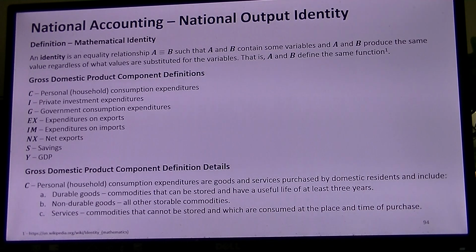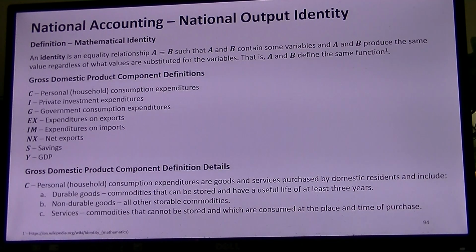Non-durable goods are goods that are consumed and last less than 3 years. I think food falls in that. You buy it and it's consumed right away, or it could be consumed within a year or two. But that's a non-durable good.